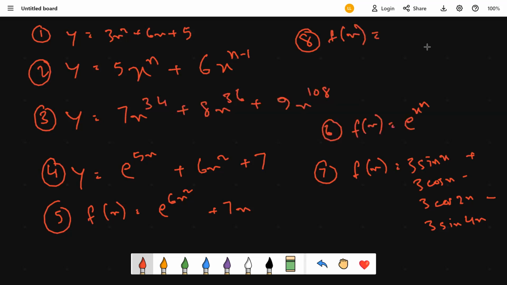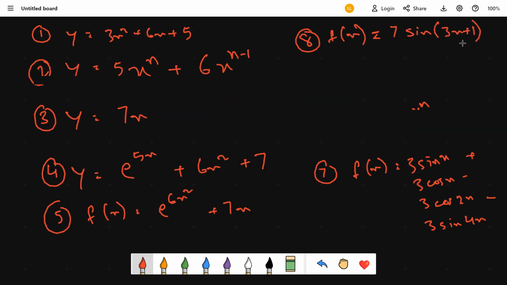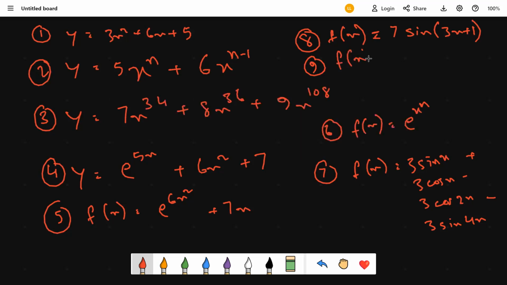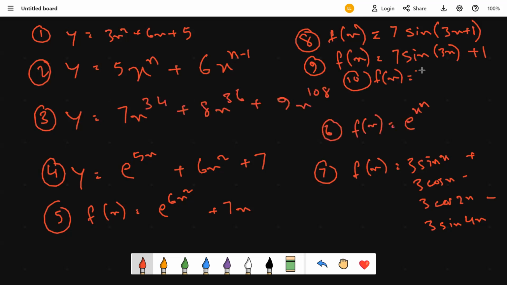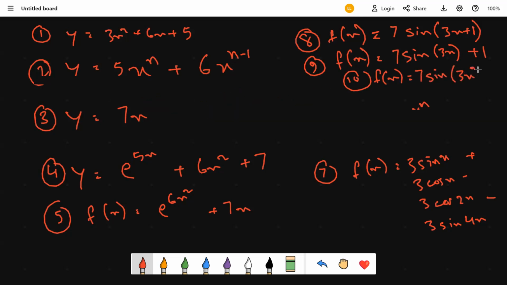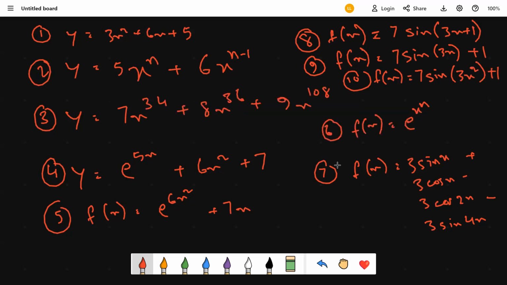Let's consider the equation f(x) equals 7 sin(3x plus 1), and then sin(3x squared plus 1). Okay, these are the 10 questions.